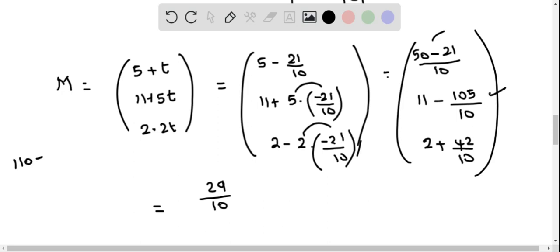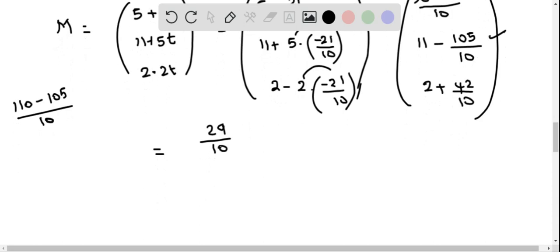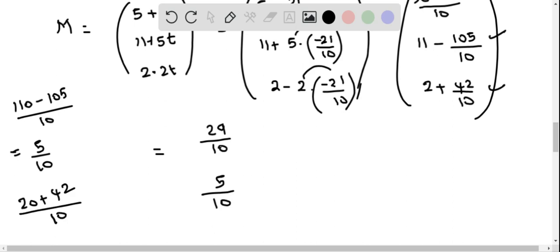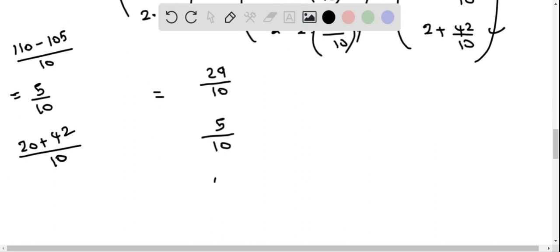This is 110 minus 105 divided by 10, which is 5 tenths. So I put 5 tenths. And this is 20 plus 42 tenths, which is 62 over 10. So I put 62 over 10.